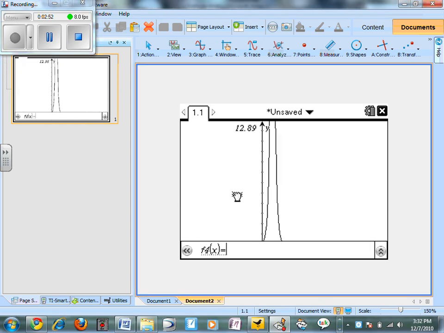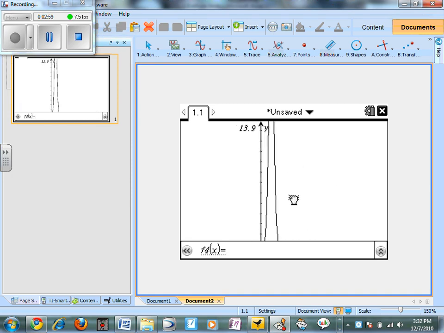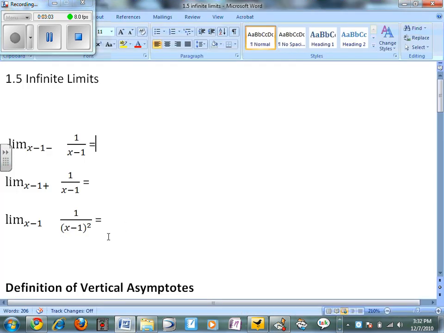So it approaches positive infinity. As we follow this graph from the left, again, it's going to approach positive infinity as x approaches 1. So we would say the limit as x approaches 1 of 1 over x minus 1 squared, since it approaches the same thing from both sides, is infinity. Again, that's not to say that the limit exists. It's just telling us what it approaches. All right.